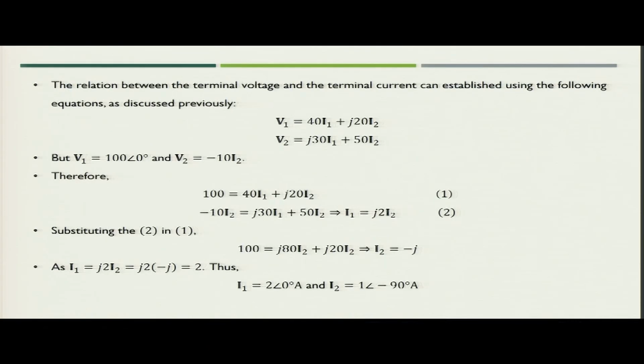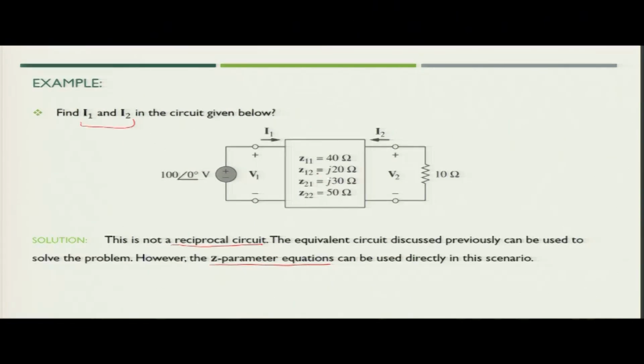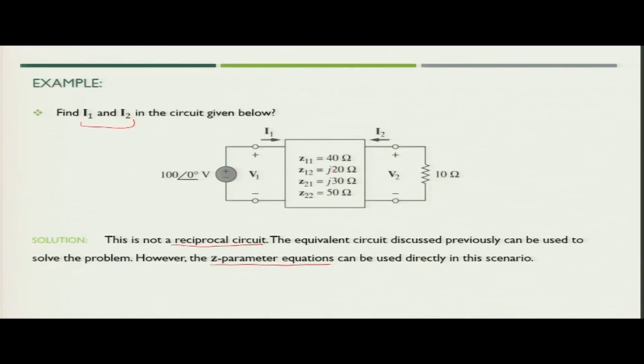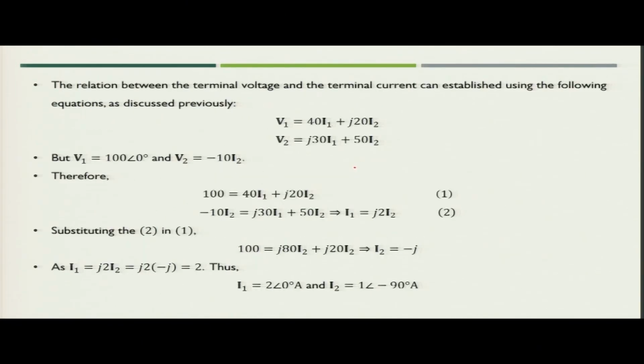Now, if we write the circuit parameter equations, that is Z parameter equations, V1 we can write as Z11 into I1 plus Z12, which is j20, into I2. Similarly, V2 is j30 I1 plus 50 I2.